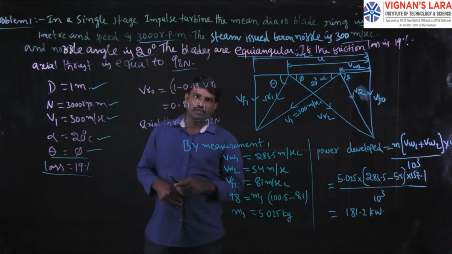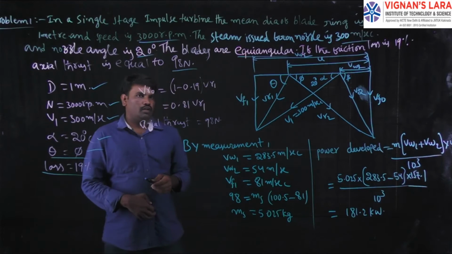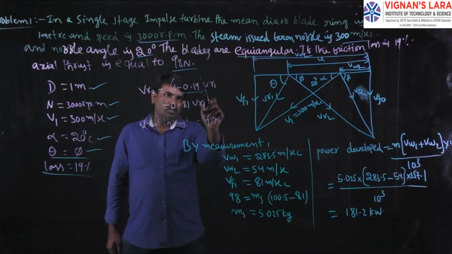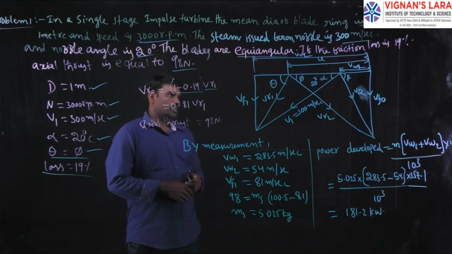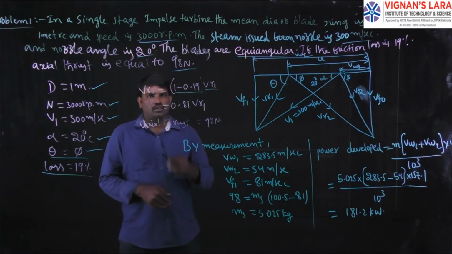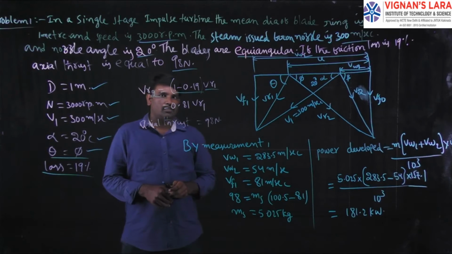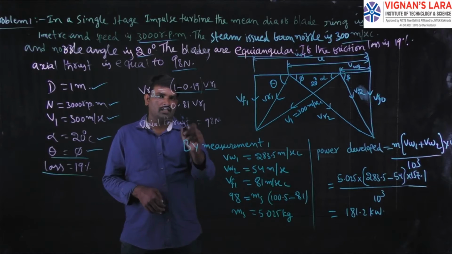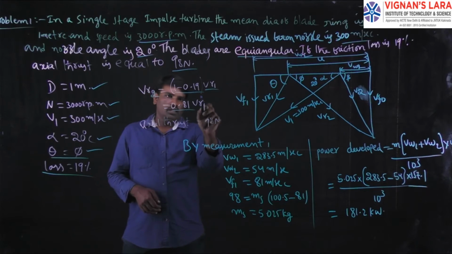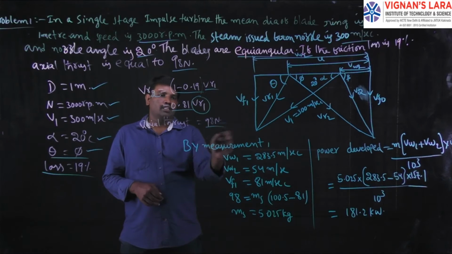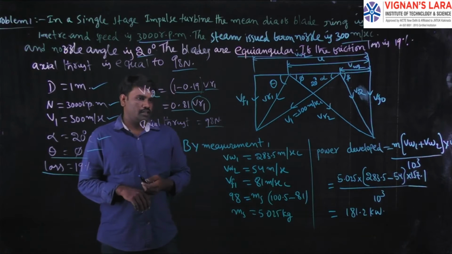The inlet velocity is VR1, and 1 minus 0.19 into VR1 gives the relative velocity at outlet. We can write this as VR2, the relative velocity at exit. We have to consider the losses into the relative velocity at inlet. Axial thrust is also given, that is 98 newtons.